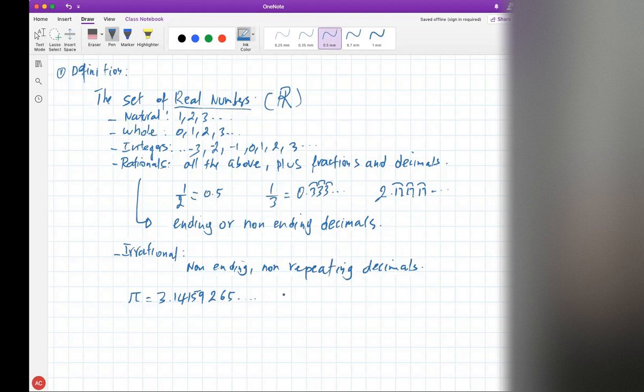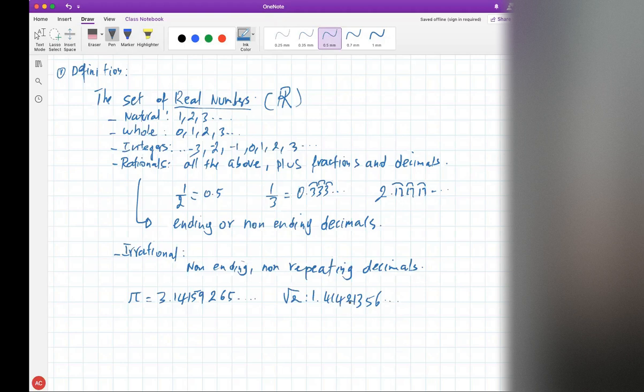Same thing also happens with radical 2, or the square root of 2. Let me put this in the calculator to give you some digits. So that's 1, so 1, 41, 42, 13, 5, 6, and so on.